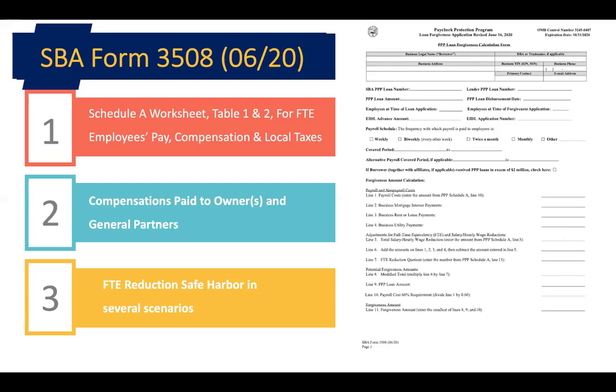And also the third thing that is important is the FTE, that's full-time employment reduction safe harbor in several scenarios. So that gives you a way that even if you reduce the full-time employment headcount, you do not have to hire more additional people or hire them back by December 31st for this 100% loan forgiveness.